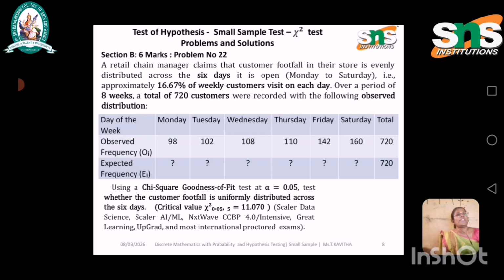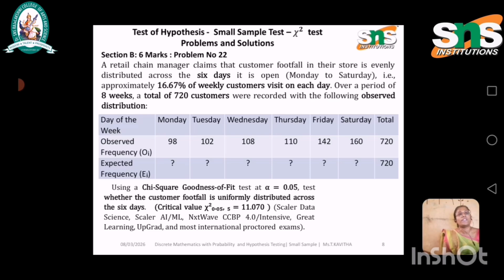The data are given by day of the week, Monday to Saturday, with the total. Expected frequencies we have to calculate. Using a chi-square goodness of fit test at the 0.05 level of significance, test whether the customer footfall is uniformly distributed across the 6 days.